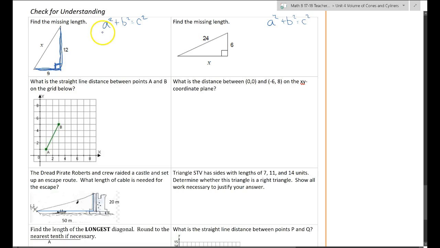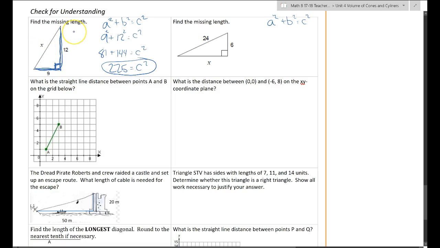So I plug them in for a and b. 9 squared plus 12 squared equals c squared. 81 plus 144 equals c squared. It gives me 225 equals c squared. Now here's the big thing: I cannot forget to square root that.